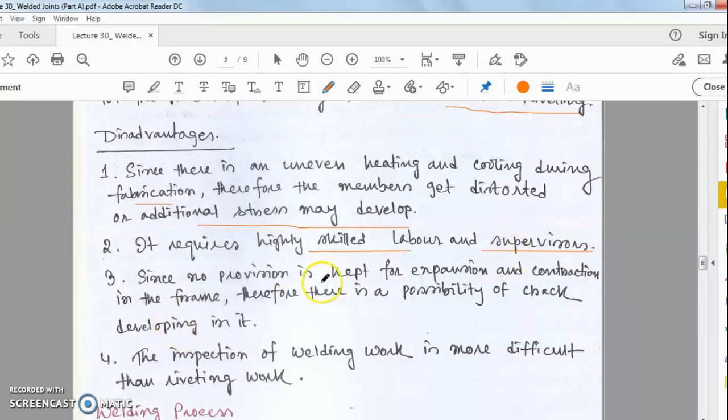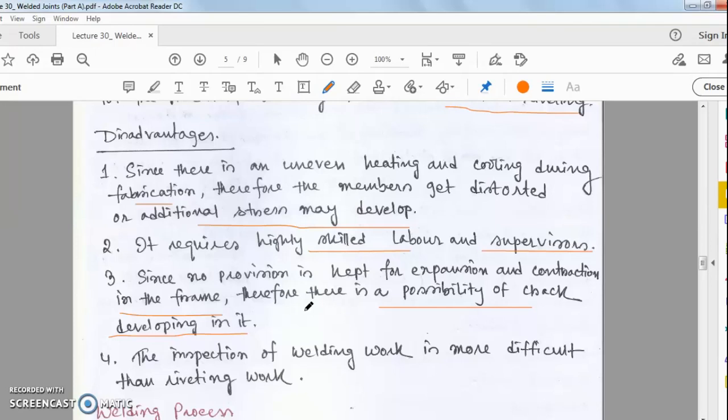Number 3, since no provision is kept for expansion and contraction in the frame, there is a possibility of cracks developing in it. A welded joint is absolutely fixed and there is no kind of provision, no clearance in any of the joint parts. You can see that during hot atmosphere, the joined metals have a tendency to expand, and during the winter season, the metals may contract.